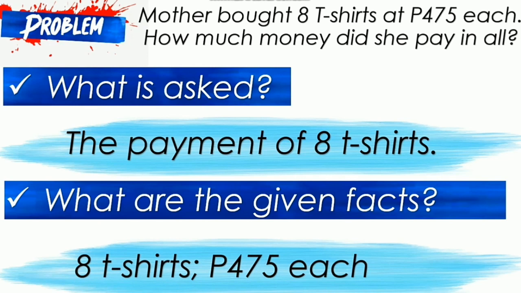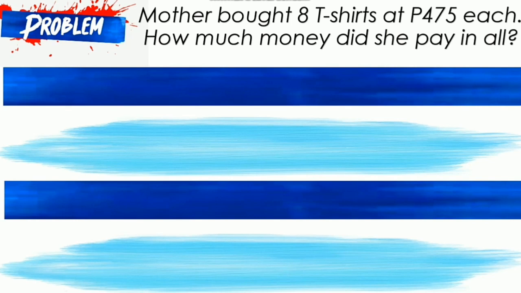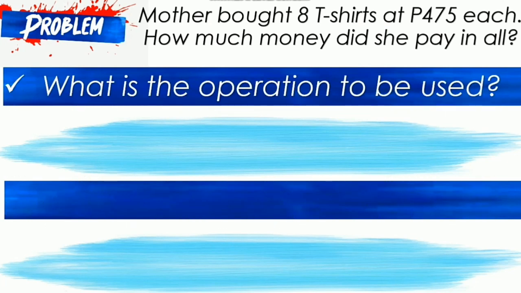The question asks for the payment of 8 t-shirts, and the given fact is 475 pesos for a single shirt. So now we move to the operation to be used. The operation is visibly multiplication.